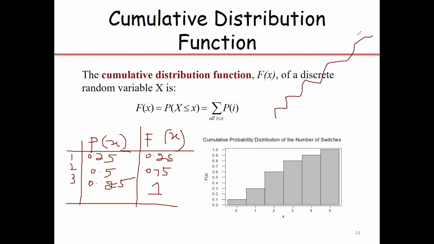Sometimes the steps are constant, but other times the steps are not constant. Sometimes it is a very small step, but this is a larger step. The steps are smaller or larger depending on the values of the individual probabilities.